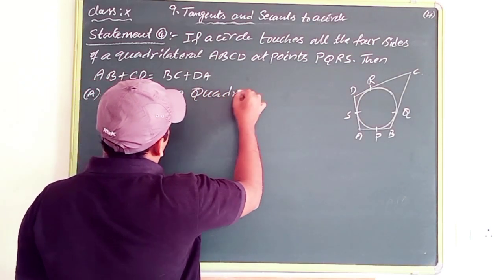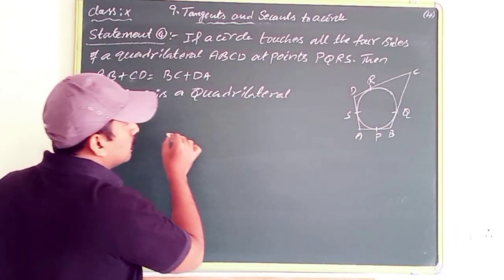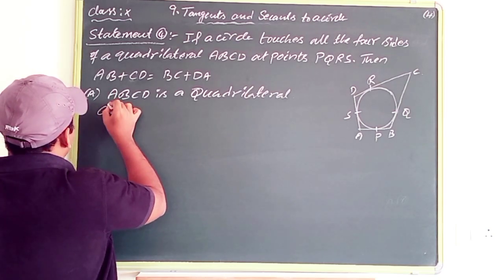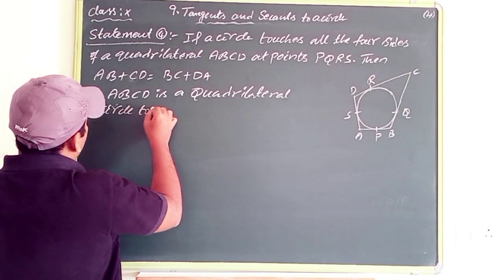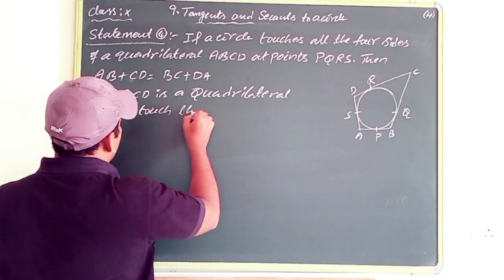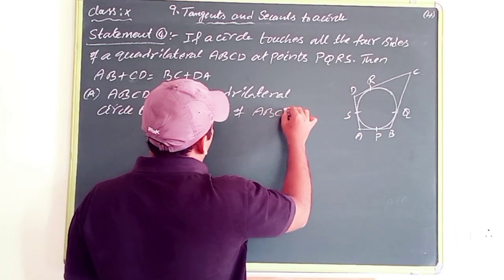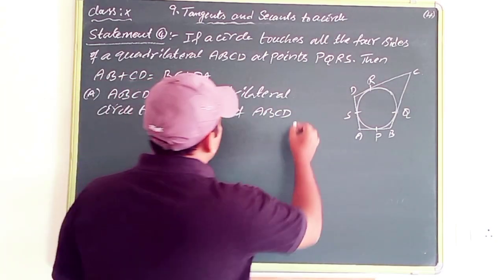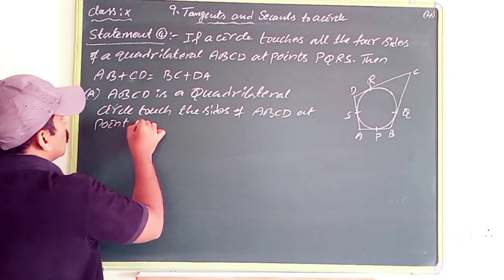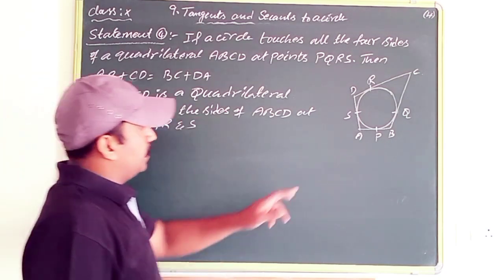The circle touches the sides of the quadrilateral ABCD at the points P, Q, R and S. So at 4 different points it touches here.